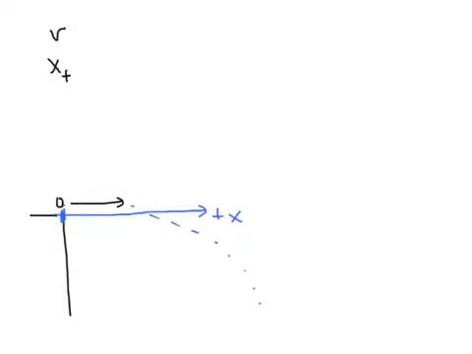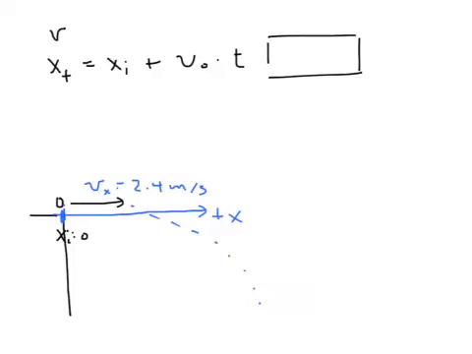We have a constant velocity in the x direction equal to 2.4 meters per second. So x final is equal to x initial, which is 0, plus v naught times the time. We would add terms for acceleration, but we have no acceleration, so it's reduced to this equation right here.